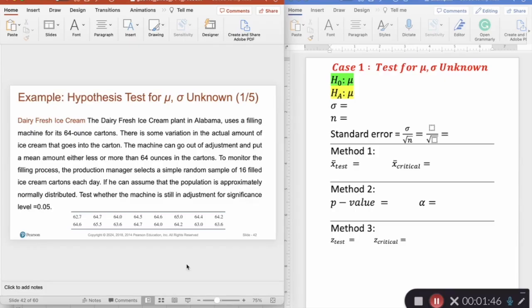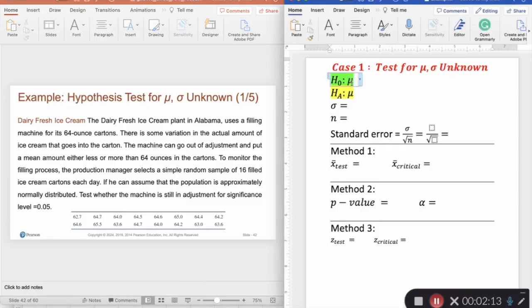The Dairy Fresh ice cream plant uses a filling machine for 64-ounce cartons. There is some variation in the actual amount of ice cream that goes into the carton. The machine can go out of adjustment and put a mean amount either less or more than 64 ounces in the cartons. So basically, the cartons have to contain 64 ounces.